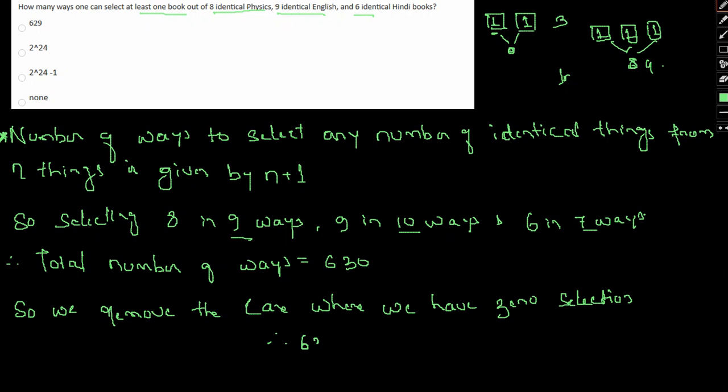Therefore 630 minus 1 equals 629. This will be our answer, 629.